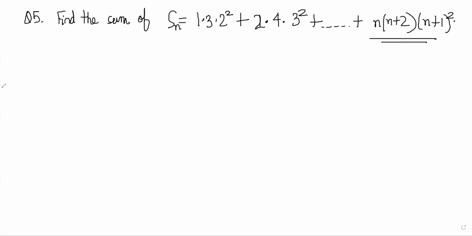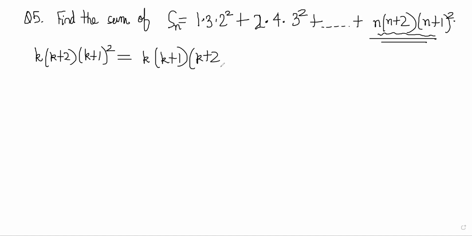Many times in problems of summation in this chapter, what you need to do is to employ the method of differences, where you express the general term as a difference of two terms. So here we'll look at this general term and write it in terms of k plus 2, k plus 1 whole squared, which can be written as k plus 1, k plus 2 times the second k plus 1.